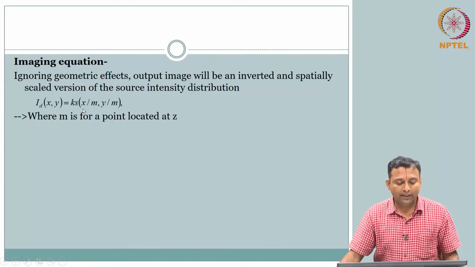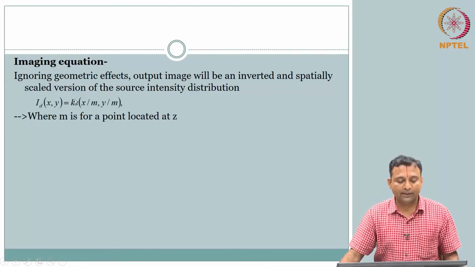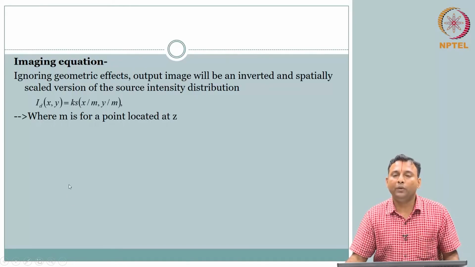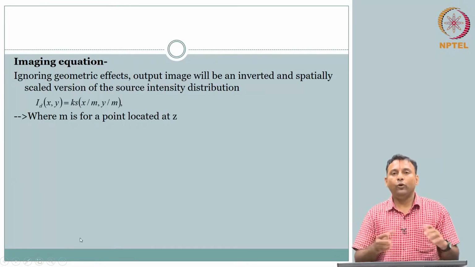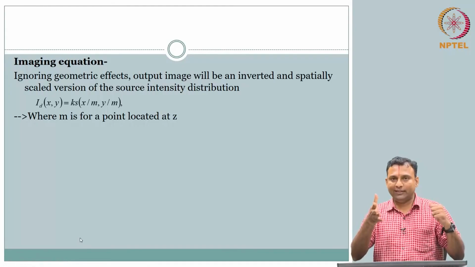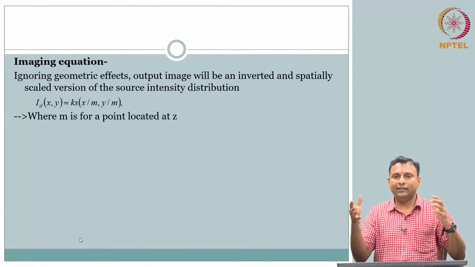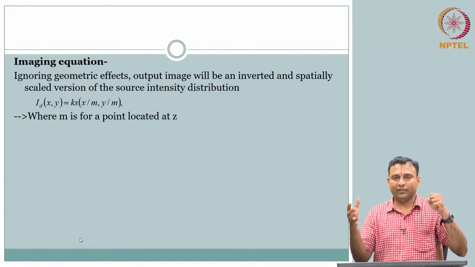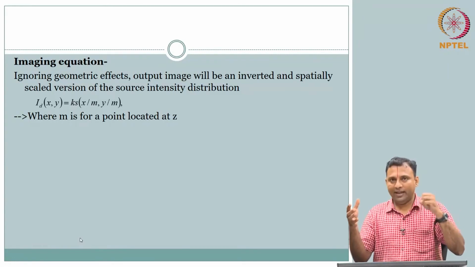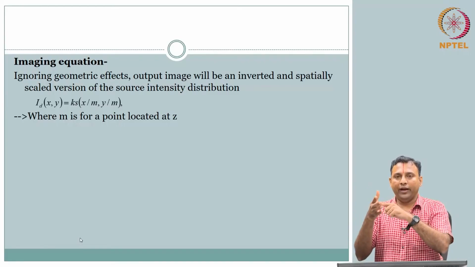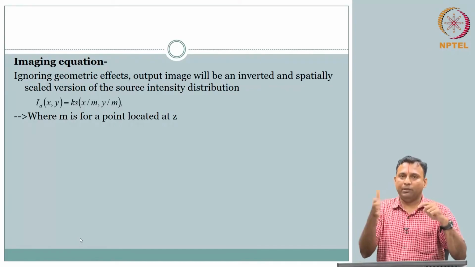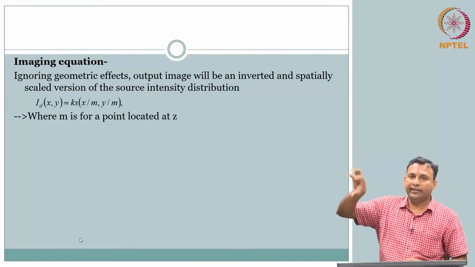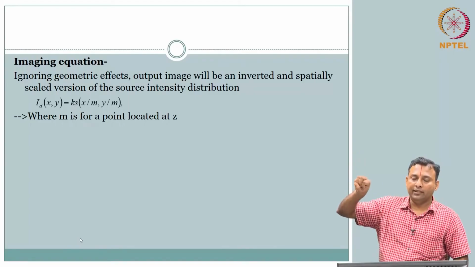But what do we need here? We need to find what this k is. What do we know about this? We saw the disk. What is clear is that you are sending the same number of photons, so I_S is the same. Depending on where the point is in the plane, the size on the detector is increasing or decreasing.